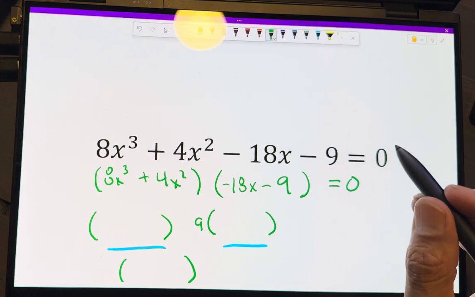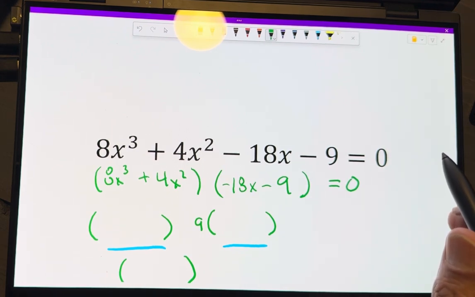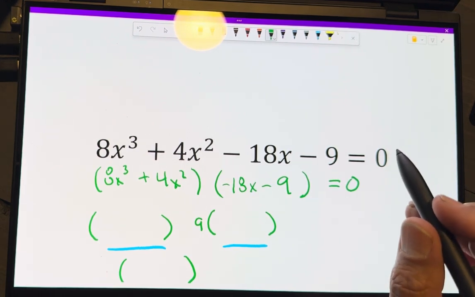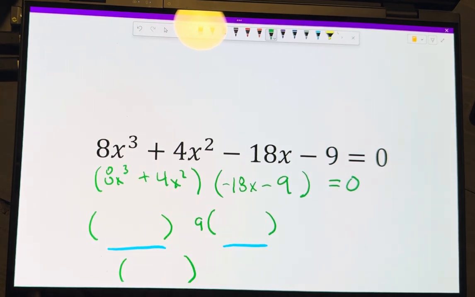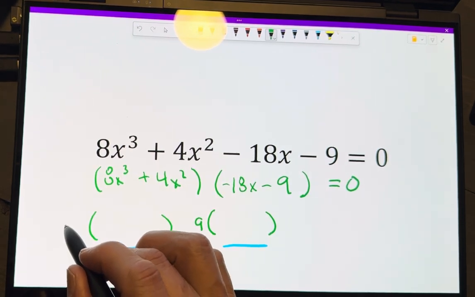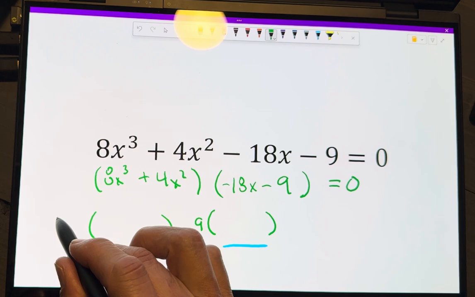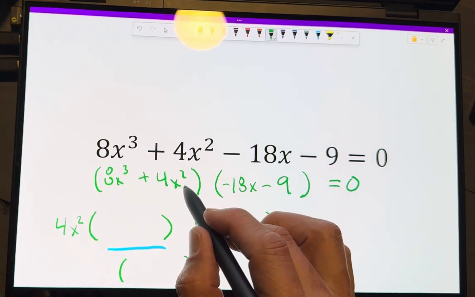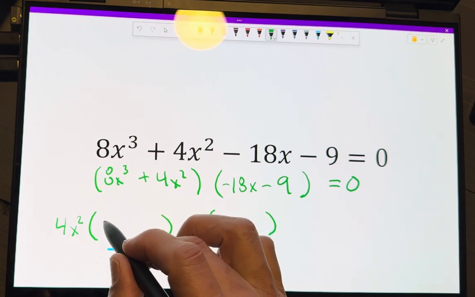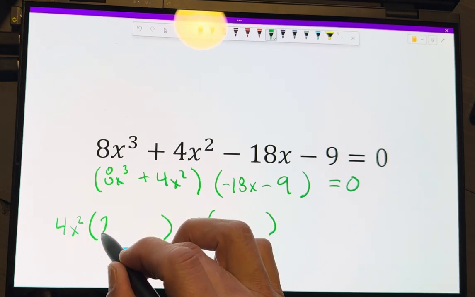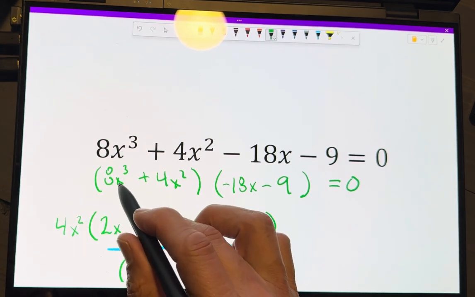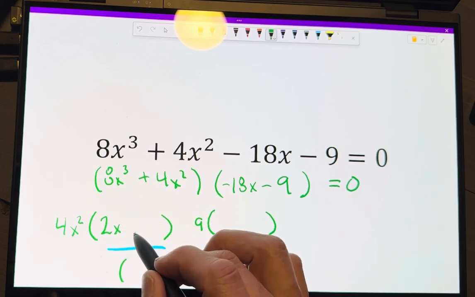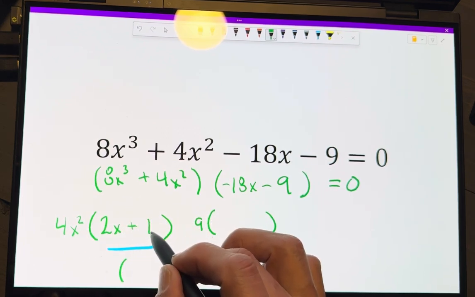Now we have those two quantities. Let's factor out the common factor for the first quantity. So I got 4x squared. 4x squared times 2x will give us 8x to the third plus 1.